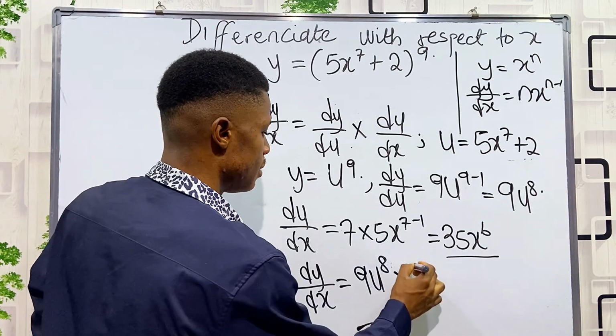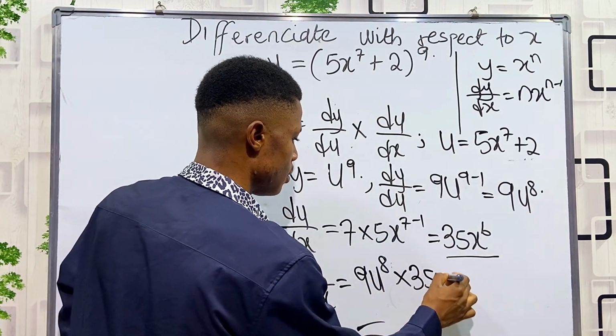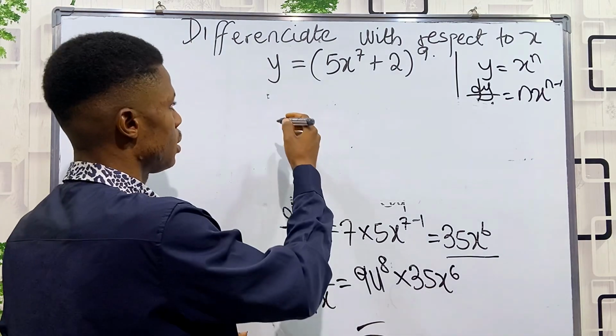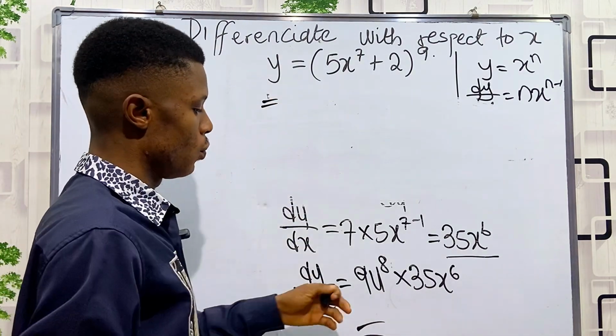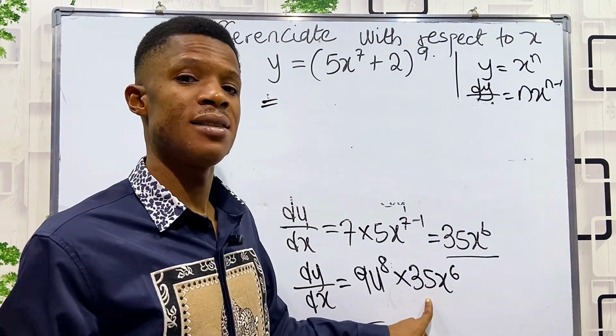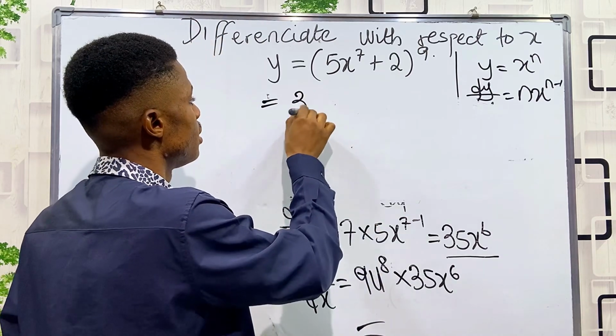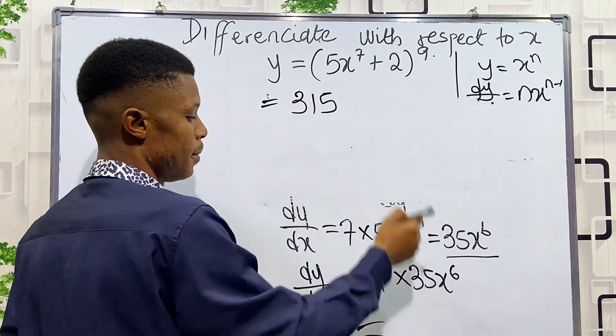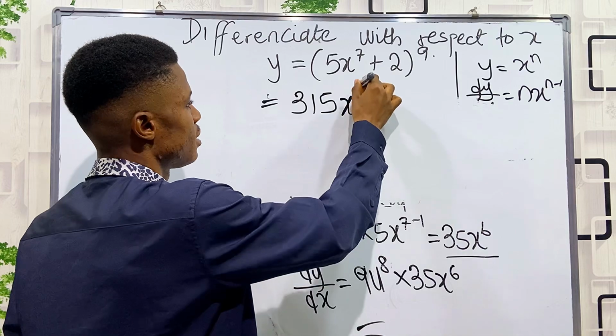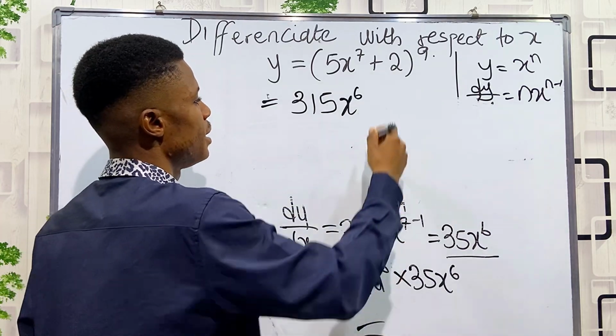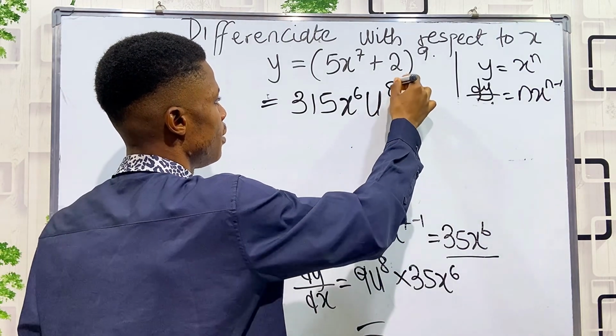We multiply it by 35x to the power of 6. You can now see that we multiply 9 by 35, and that will give us 315. Then we have x^6, then multiplying u to the power of 8.